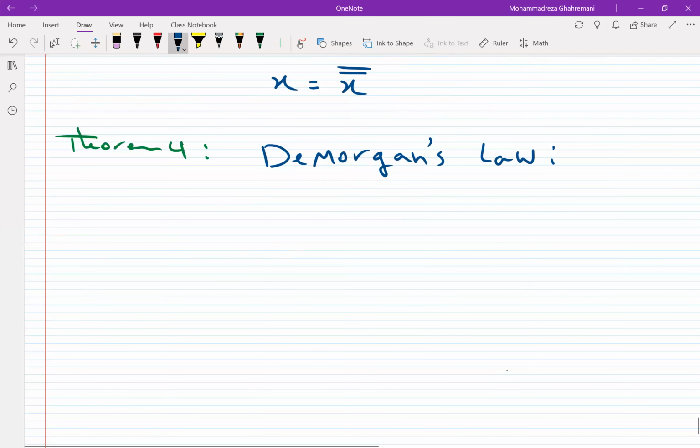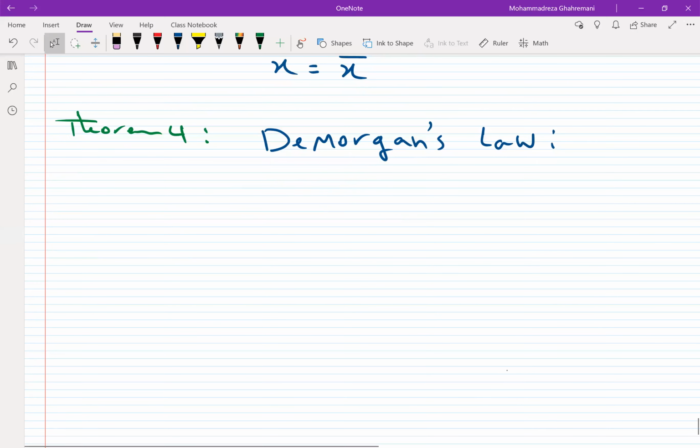De Morgan's law implies that any function can be complemented by changing the ORs to ANDs and ANDs to ORs, and then complementing each of the variables. So how? Let's see.